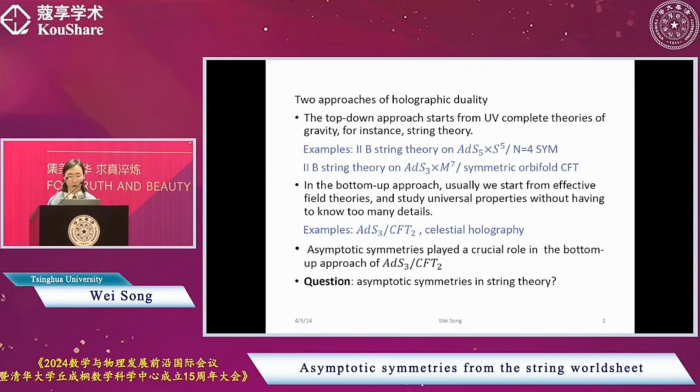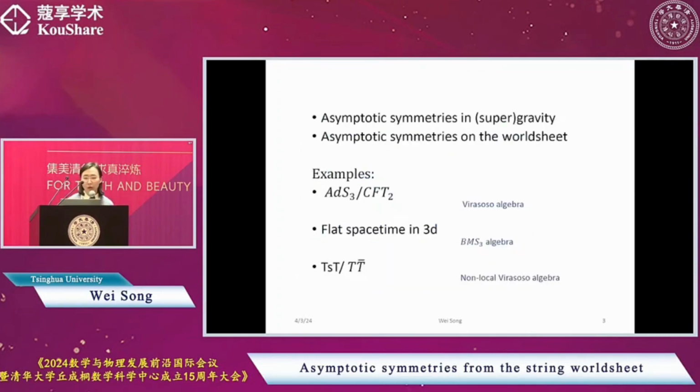So in the following, I will first explain what asymptotic symmetries have been discussed in gravity or supergravity, and then I will propose how to study asymptotic symmetries on the string worldsheet.